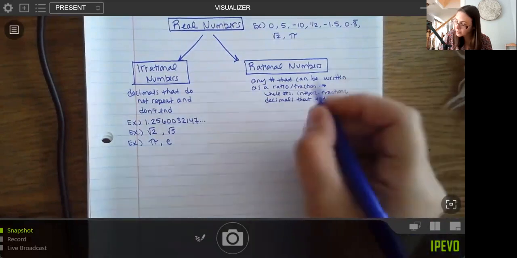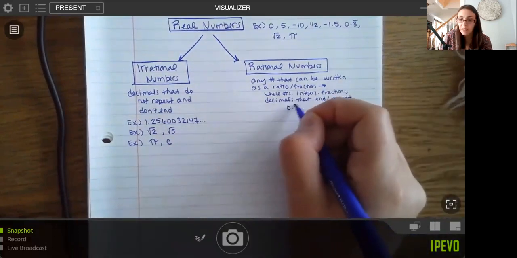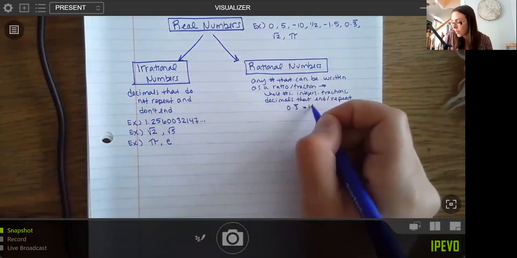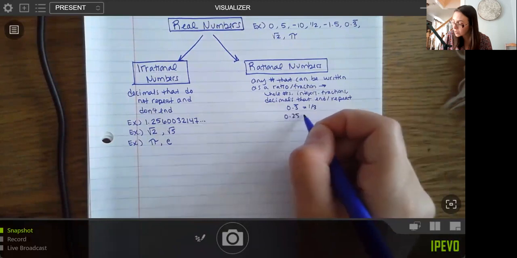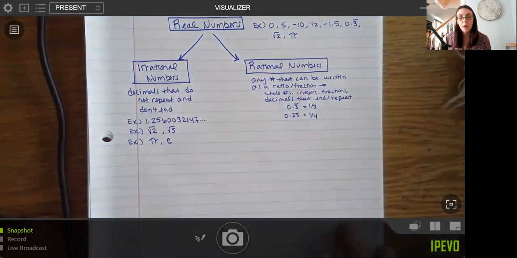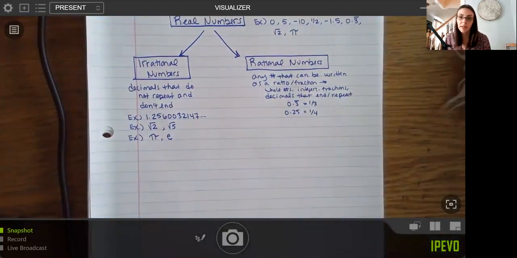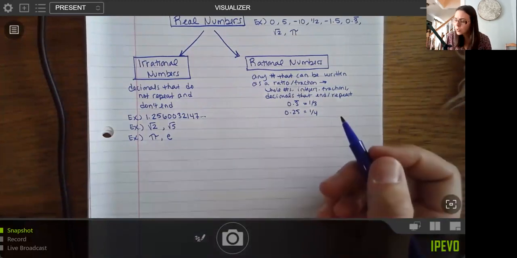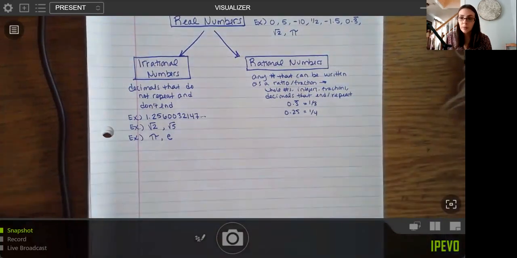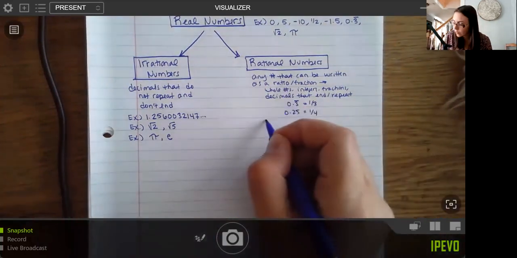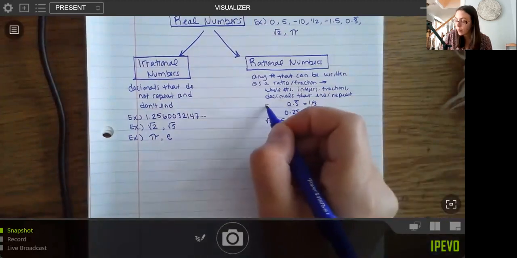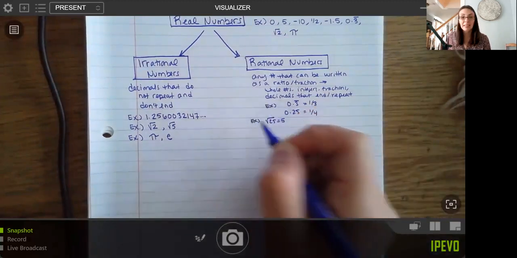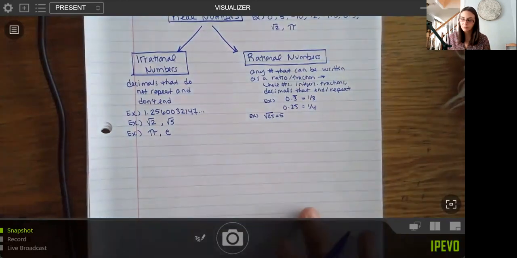So for instance, something like 0.3 that repeats is actually the fraction 1/3. 0.25 is actually the fraction 1/4, etc. So your nice decimals actually could be written as ratios. So that's where the definition comes from. It also includes things like roots that would simplify. So for instance, if you had the square root of 25 equals 5, that is another example, right? So anything that kind of comes out nice, those are your rational numbers.